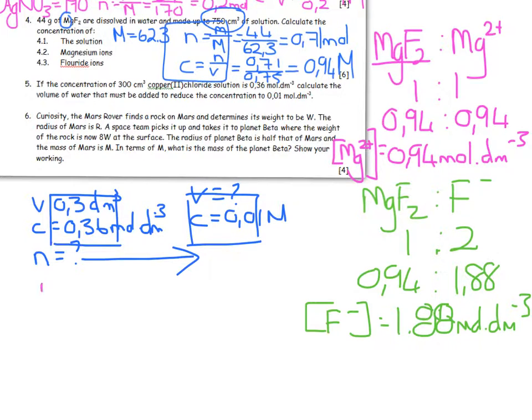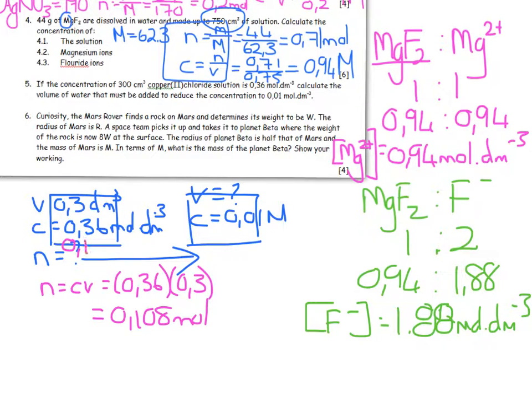We have got number of moles is concentration times volume, which is equal to 0,36 times by 0,3, and that is 0,108 moles. So in here I've got 0,108 moles. I carry it across into this container, 0,108 moles. And I now work out what volume would I require for that concentration.